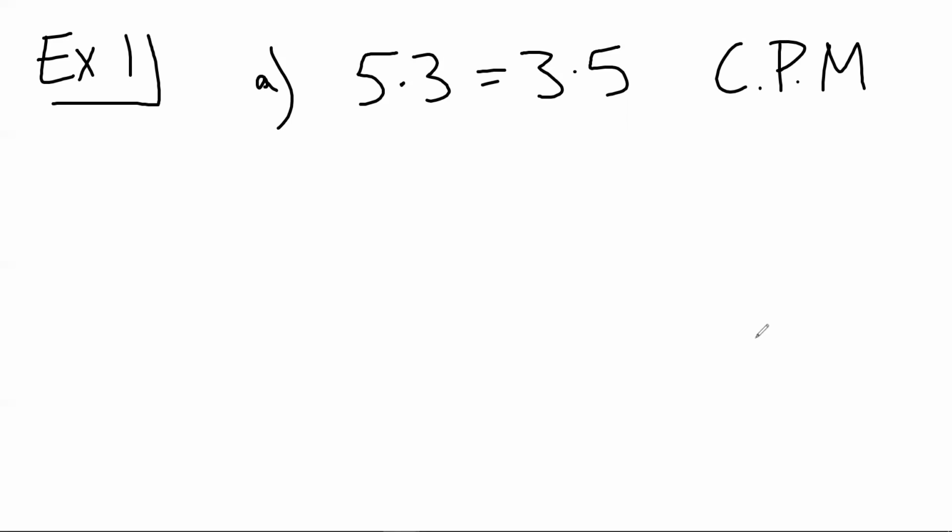A times B equals B times A. So commutative property of multiplication, it's going to look like that. A times B equals B times A.